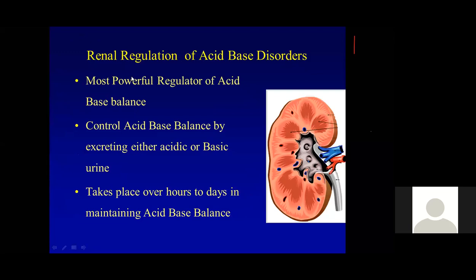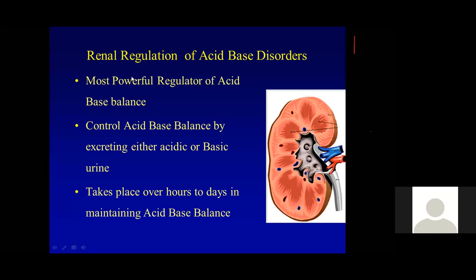Now we'll go into the renal regulation of acid-base disorders. Renal regulation is the most powerful regulator of acid-base balance. One part is your ventilation, the second part is your kidneys. Both systems are very important to control the acid-base balance by excreting either acidic or basic urine.